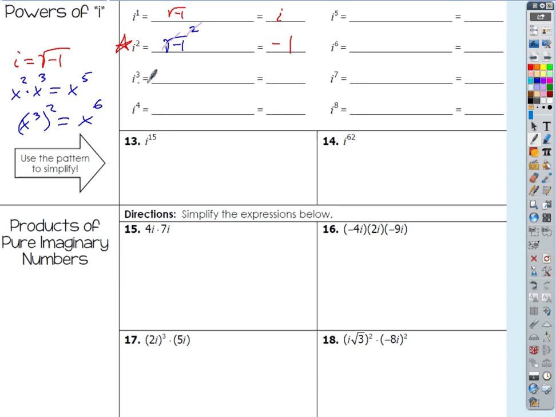Well, what would be a tricky way to figure out what i cubed is equal to? So how could I take, I know what i to the 1 is, and I know what i squared is. How could I do something tricky using that information that I already have up here to determine what i cubed is? Well, I mean, yeah, but that's not helping me much. How about if I use this property right here?